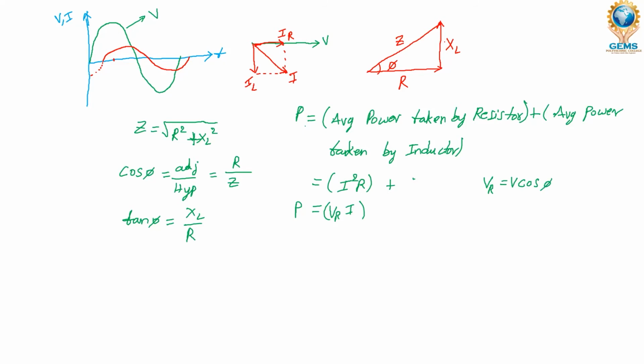So here we will get total power value V into I into cos phi. In inductor power value will be 0 and VR equals V cos phi. So finally we will get the power formula, power P equals VI cos phi.